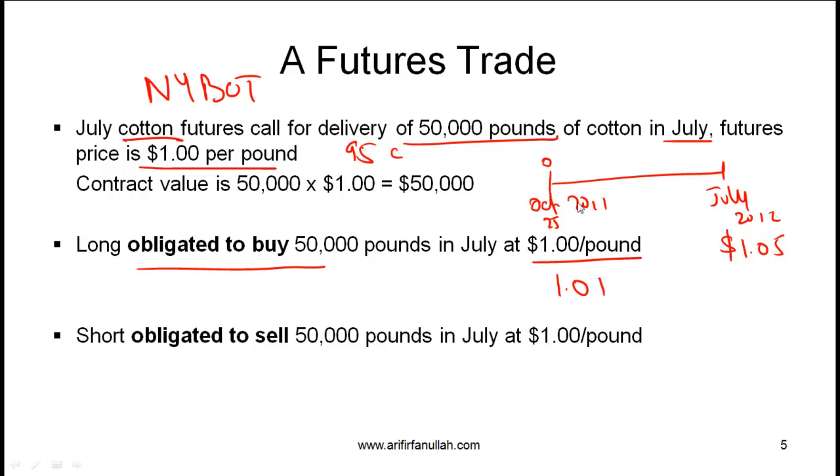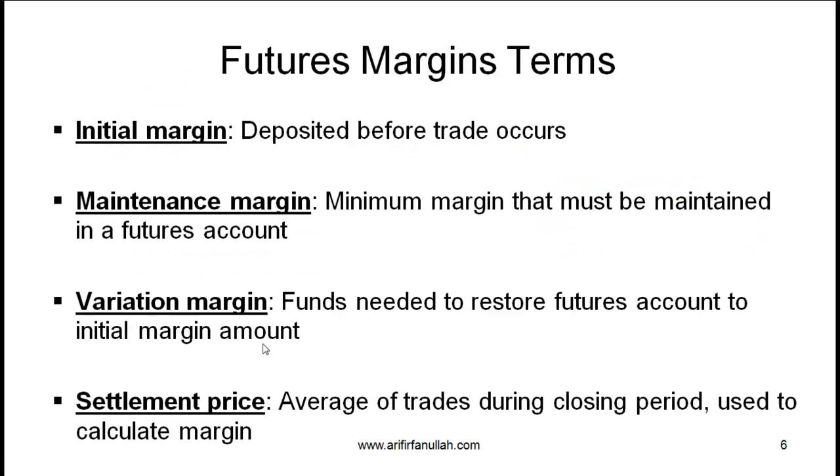In the next few slides we'll explain exactly how that's calculated, but on a daily basis, if the long party is benefiting, money is added to his account, and if the long party loses out on a given day because the price of the contract is going down, then money is taken out of his account. And obviously, since this is a zero-sum game, anything that benefits the long party will hurt the short party.